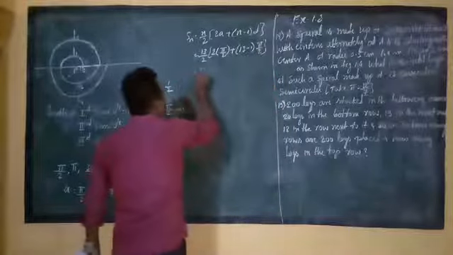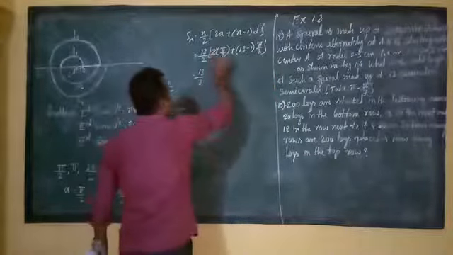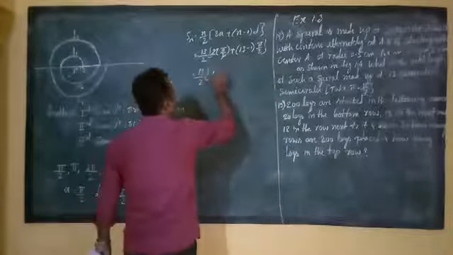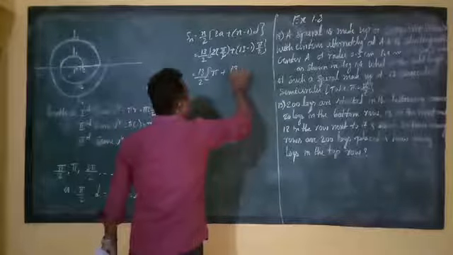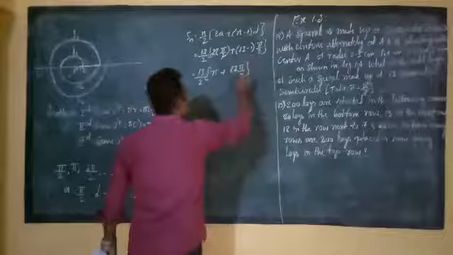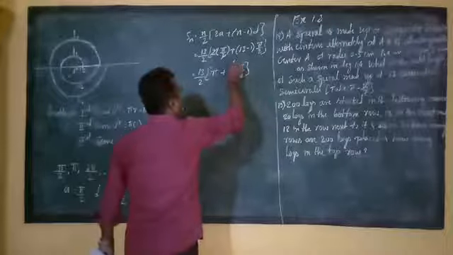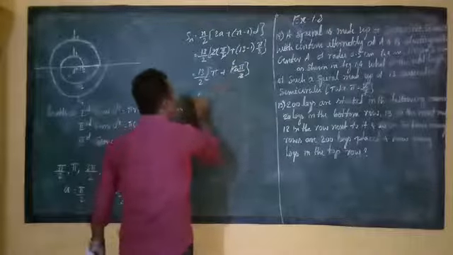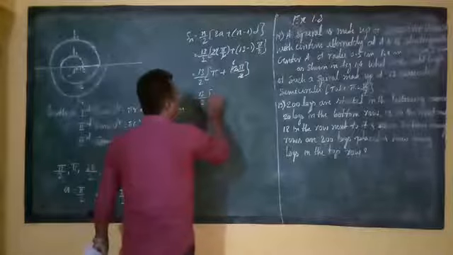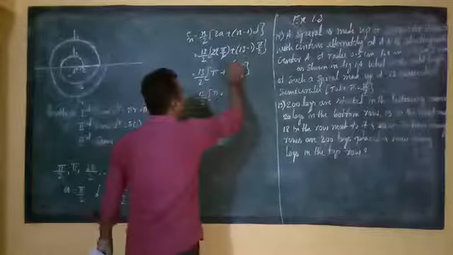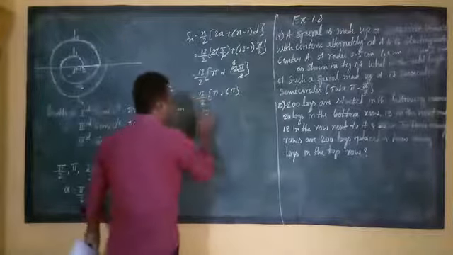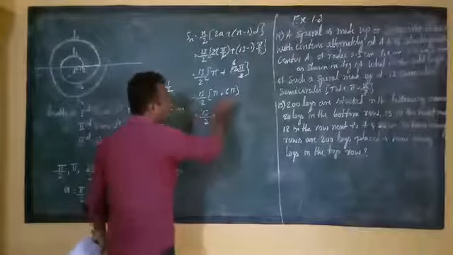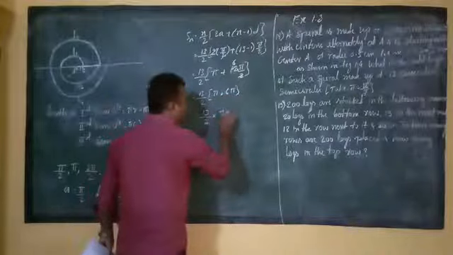Next, 13 by 2 as it is written. The 2s get cancelled, remaining is pi plus 13 minus 1 is 12, 12 pi by 2. 2 1s are 2, 2 6s are 12. So 13 by 2 into pi plus 6 pi. Then 13 by 2 into 7 pi.